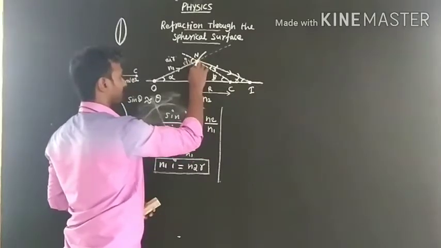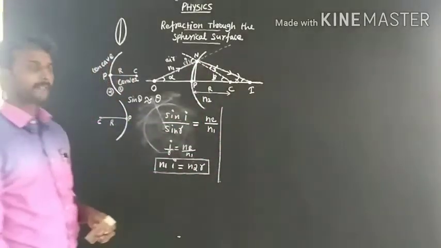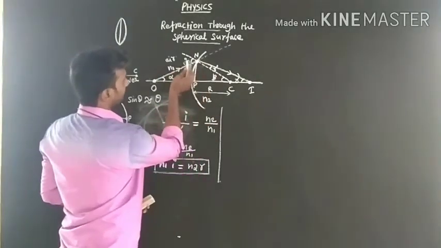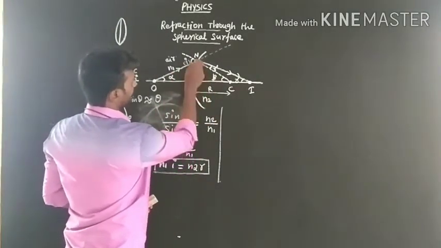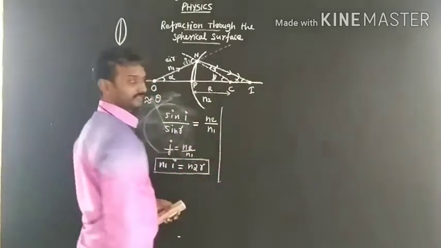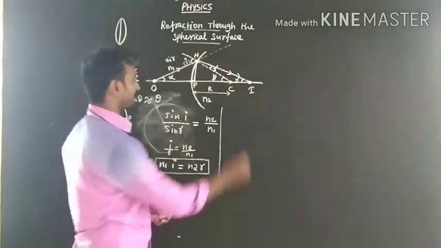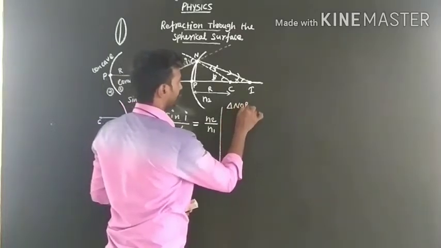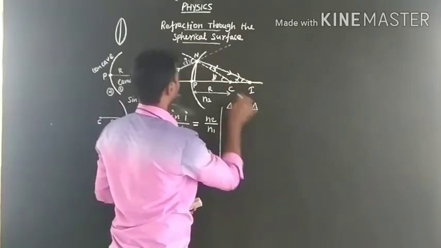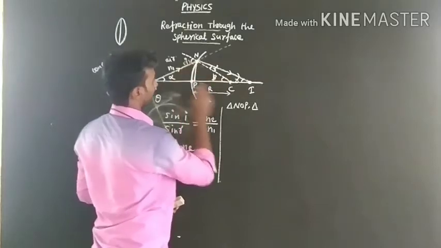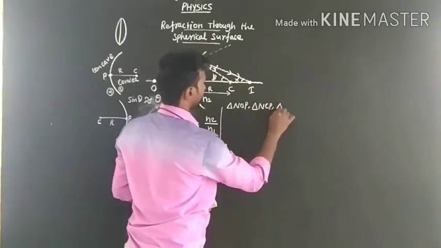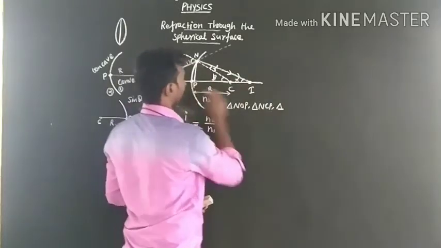So consider triangle NOP and NCP and NIP. These are the three right angle triangles. The names are NOP, another right angle triangle NCP, next the triangle NIP.